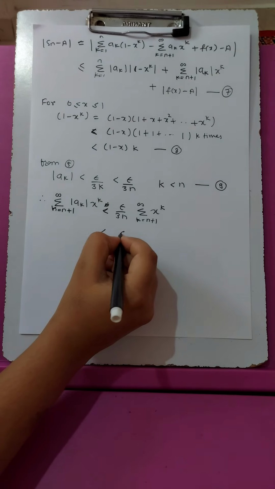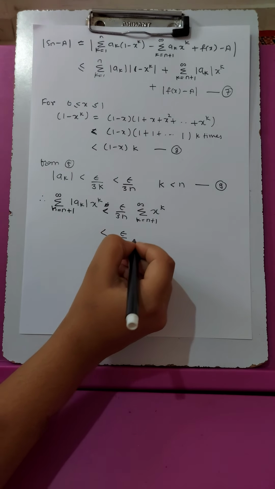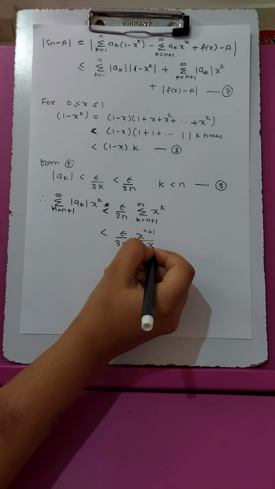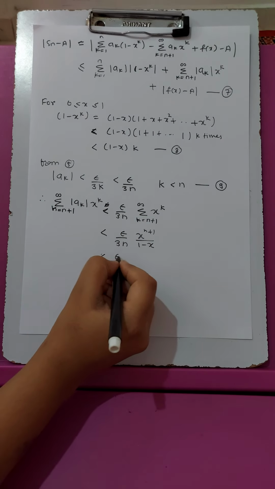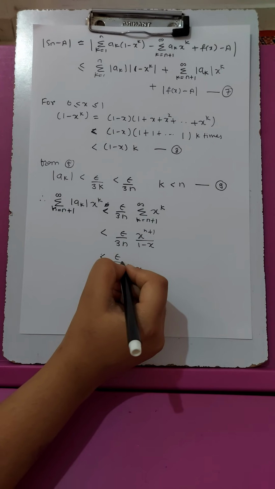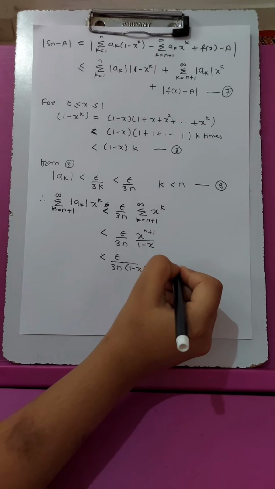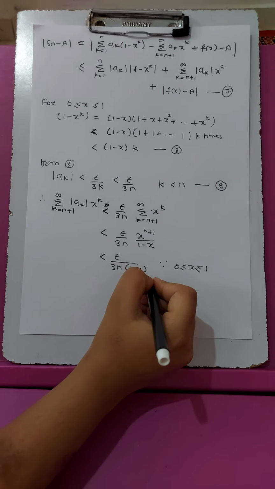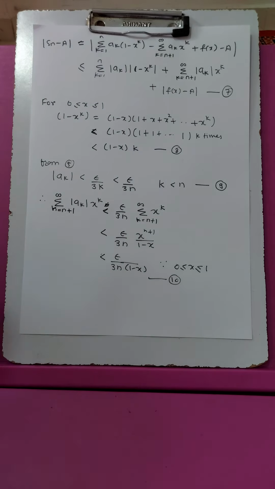So this becomes epsilon upon 3n times x to the power n plus 1 upon 1 minus x, which will be less than epsilon upon 3n (1 minus x), since 0 is less than x, which is less than or equal to 1. Let it be number 10.